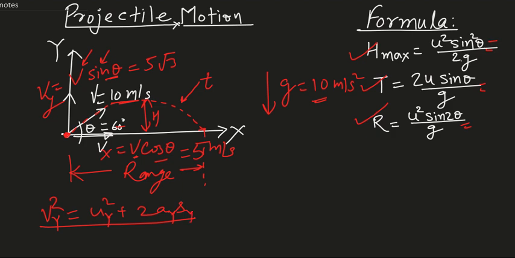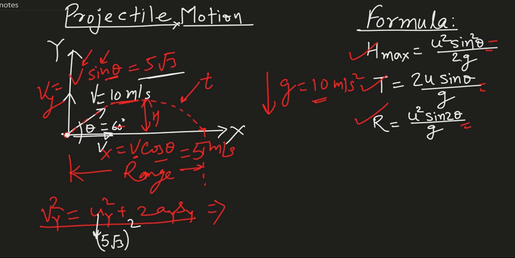This is the displacement in the y direction. Then what is u at this point? The initial velocity is 5√3.